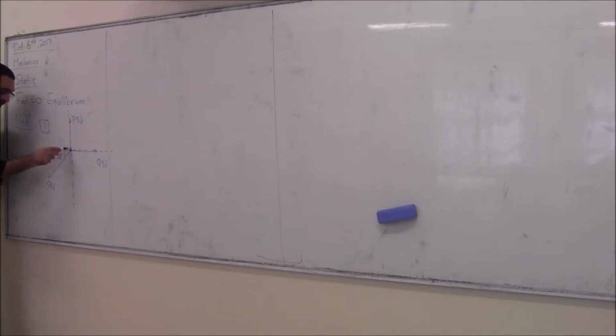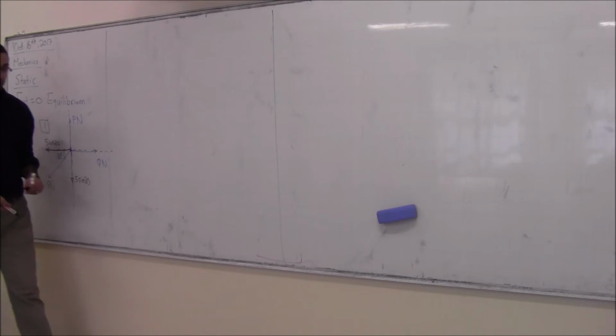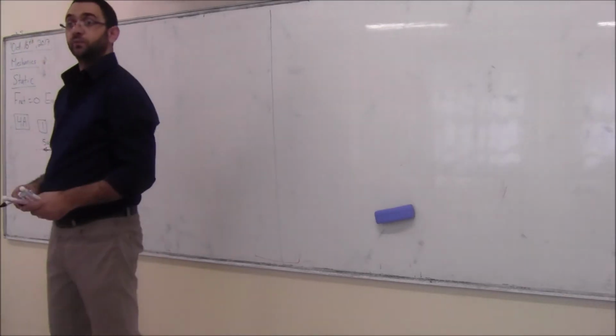This one will be 5 cosine 30, here 5 sine 30. Again, this axis takes cosine because the angle is given with the x-axis, right? And this will take sine, as you know.